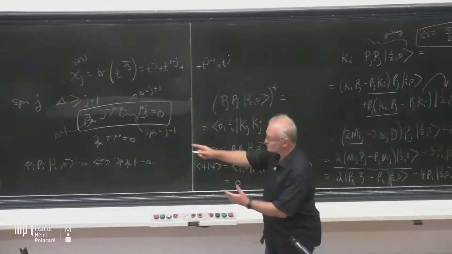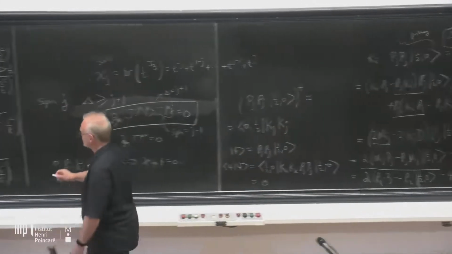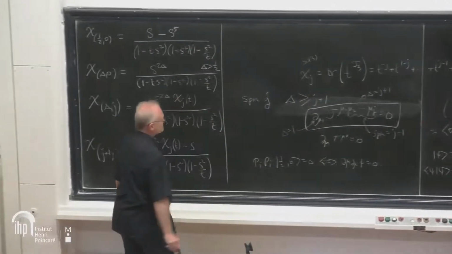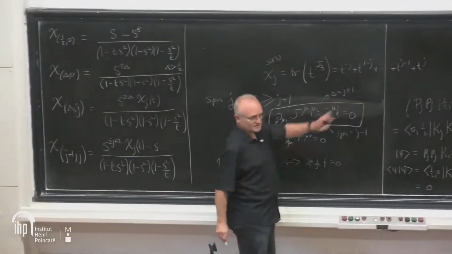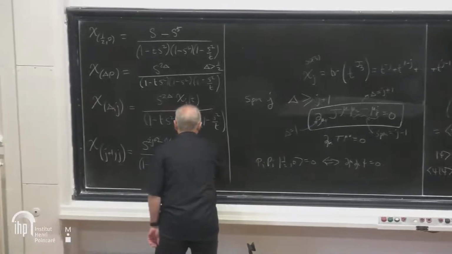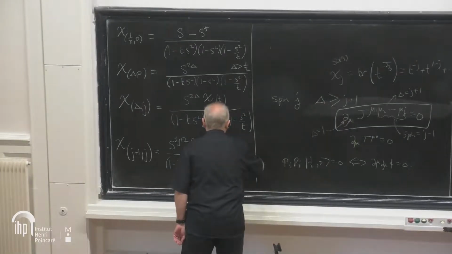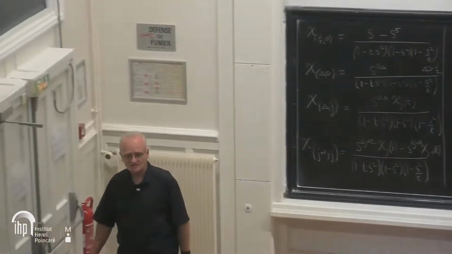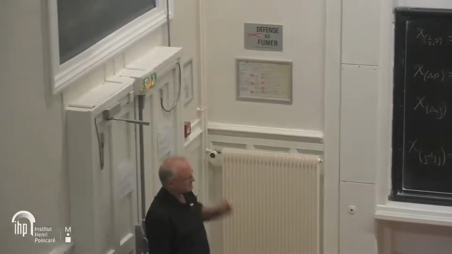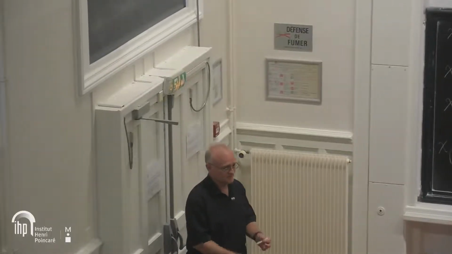And now we use our usual formula. We say s to the 2 times the dimension, 2j plus 4, and we'll have k to the j minus 1 of t. So that's the complete set of characters for the conformal group.